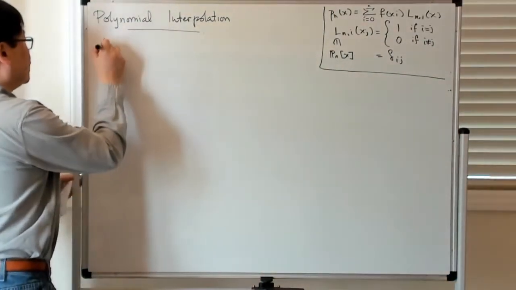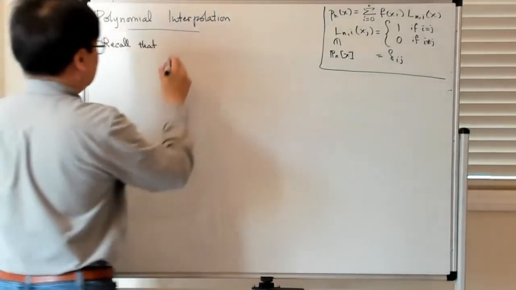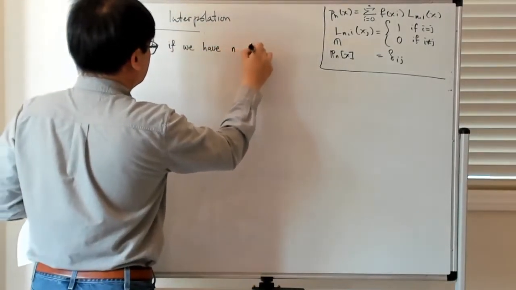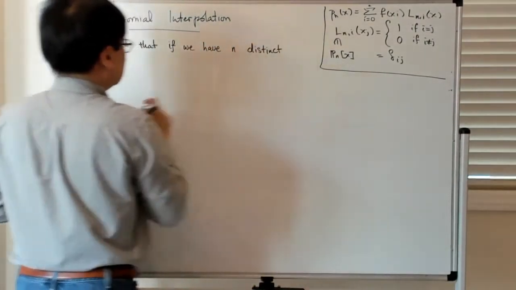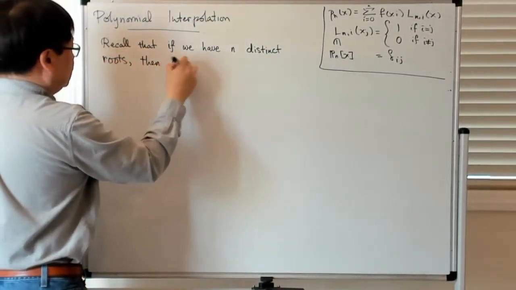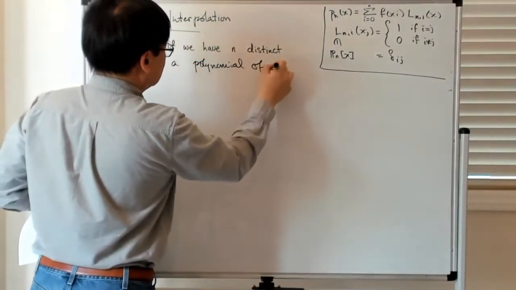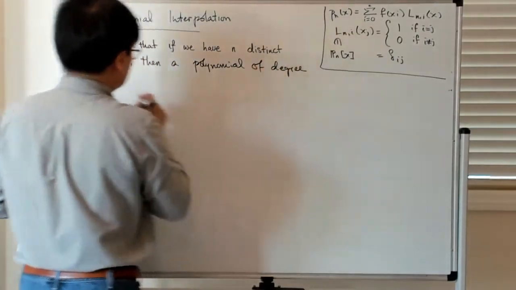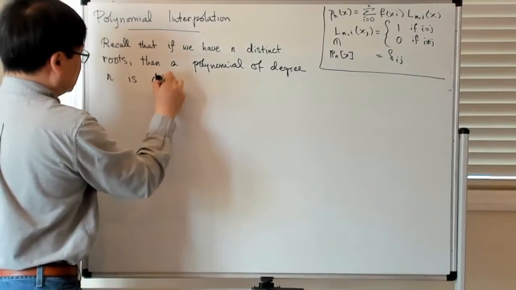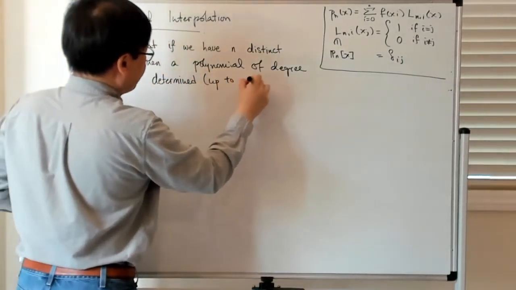So recall that if we have n distinct roots, then the polynomial of degree n is determined up to a constant.